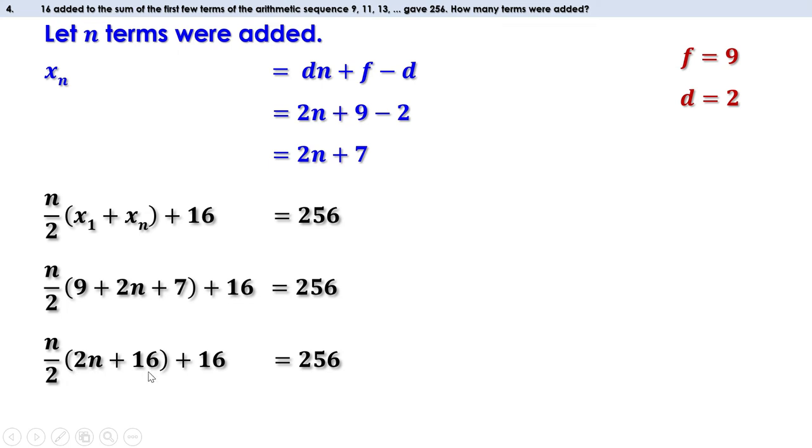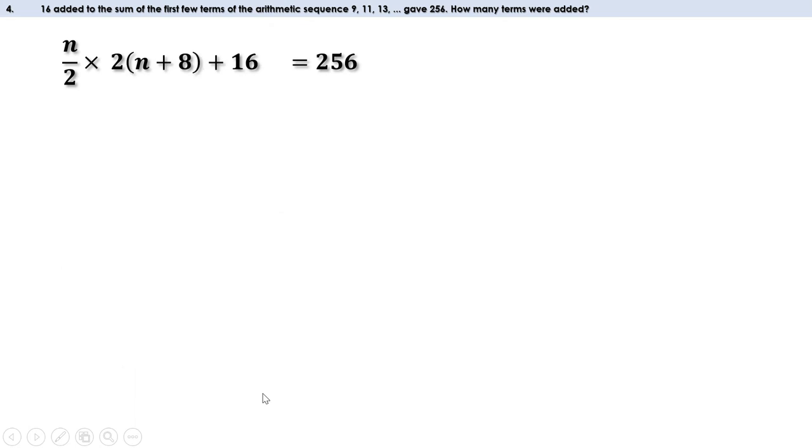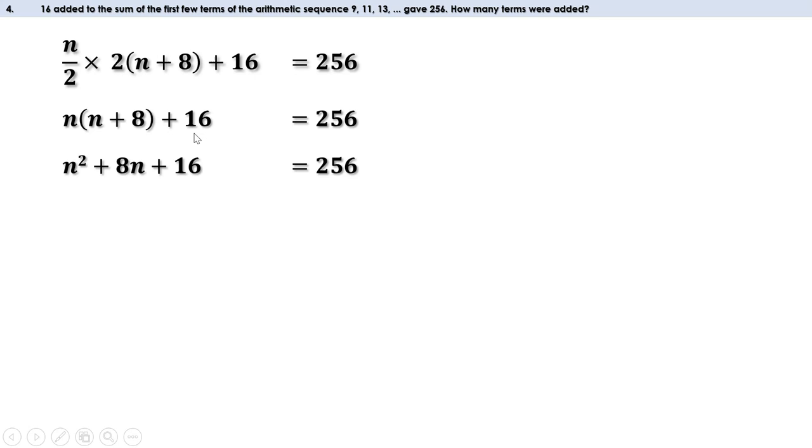So we can take 2 outside and we can write n by 2 into 2 into n plus 8 plus 16 equal to 256. Now we can cancel these two 2's and we can write n into n plus 8 plus 16 equal to 256. Let us multiply. n into n is n square, n into 8 is 8n. So we can write this as n square plus 8n plus 16 equal to 256.